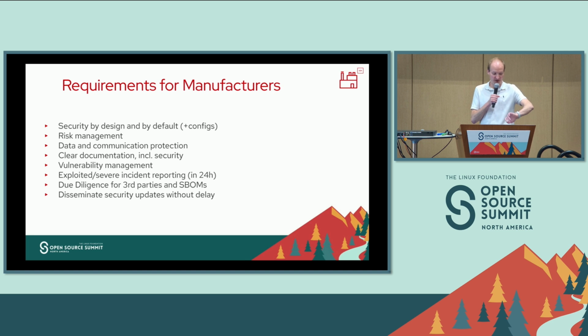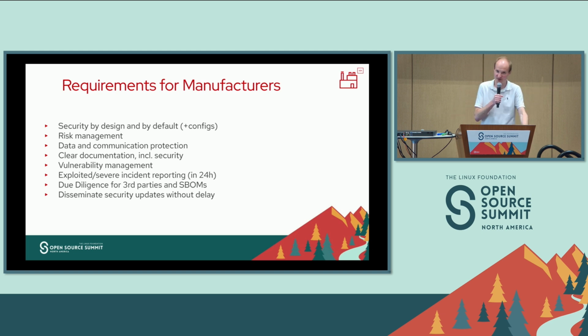Now, going a little bit deeper into requirements for manufacturers, there are a lot of requirements, but I tried to summarize them briefly. There's still a lot on the slides, but I tried to summarize them for our understanding. Security by design and by default, including secure configuration. Remember those default passwords, right?